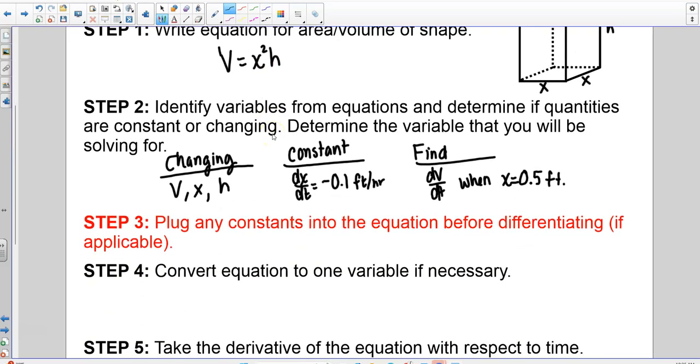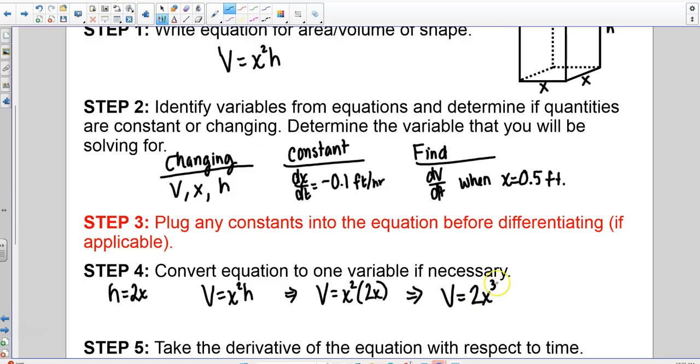So we know that h equals 2x. So in that volume formula, which is x squared times h, I could replace h with 2x. And then that means now my volume formula is 2x to the third. Now that looks pretty easy to take the derivative of, right? That's nice and friendly now.